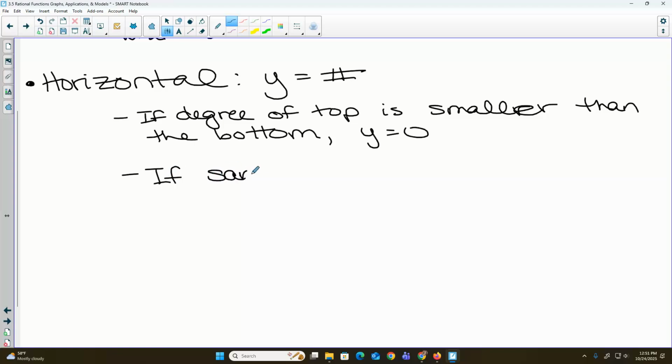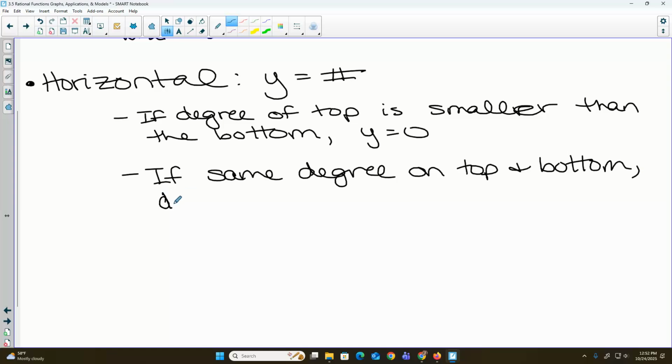If you have the same degree on top and bottom, you divide the leading coefficients.